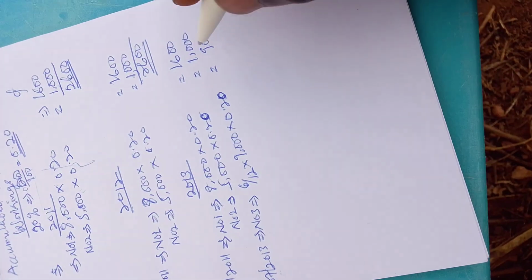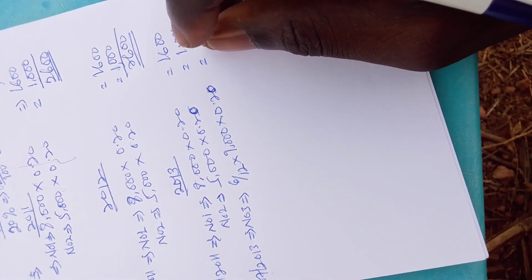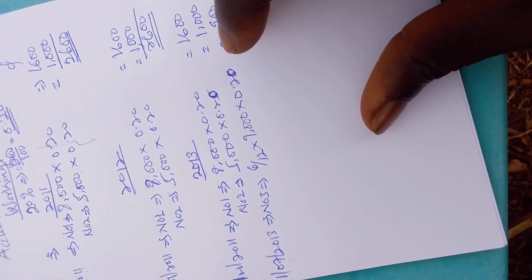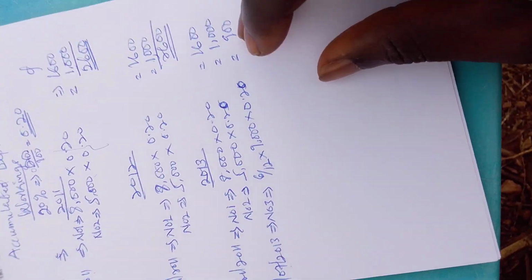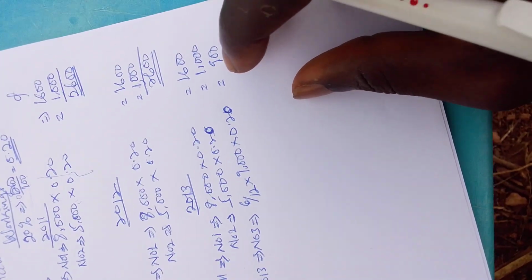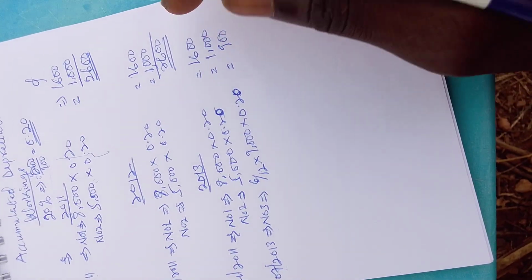So that's the depreciation on the asset purchased on 1st July 2013, which was used for 6 months.